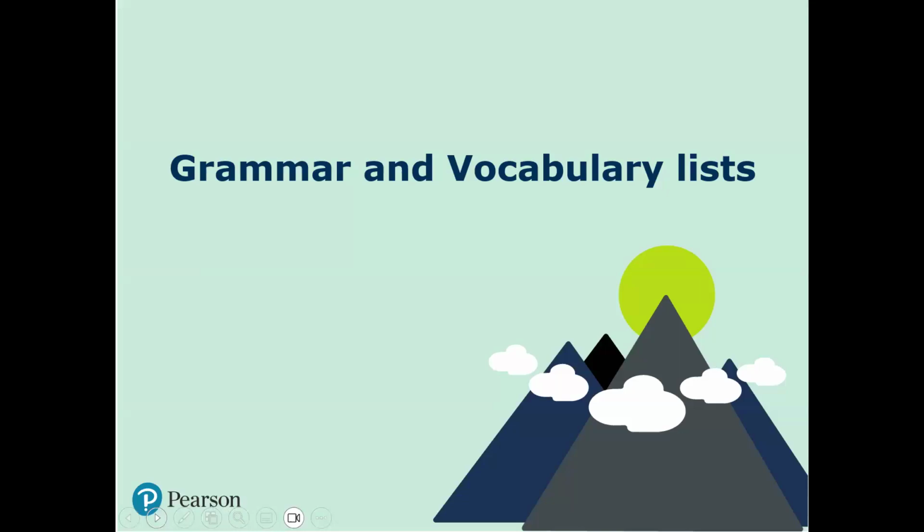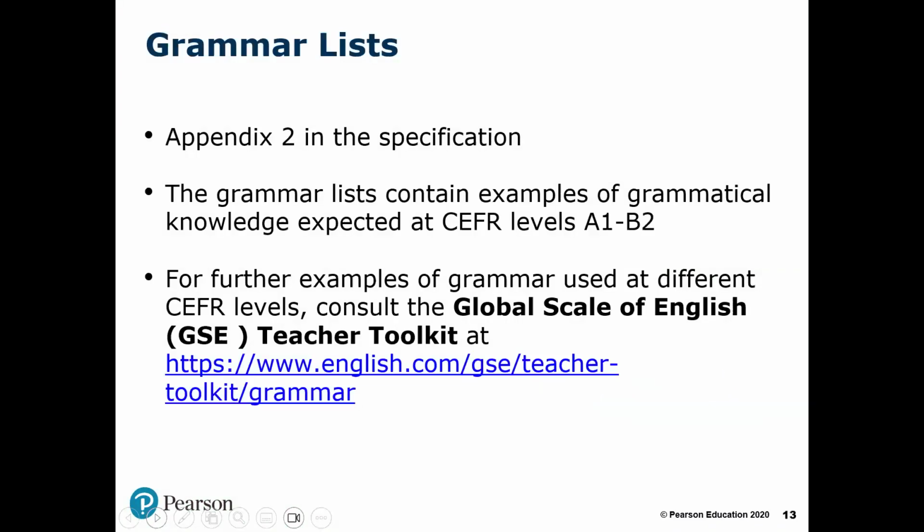Now, I'll say a little bit of something about the grammar and vocabulary lists now. So there are 2 appendices in the specification. So Appendix 2 in the specification is the grammar list, and this grammar list contains examples of grammatical knowledge expected at CEFR levels A1 to B2.